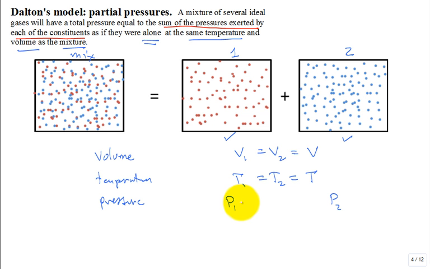So what is the equation for P1? It's always an ideal gas, so I can use the ideal gas equation. Would it be equal to the number of moles of component 1, R bar T divided by V? Likewise, I could go back to this original gas mixture and say, isn't P equal to the total number of moles, R bar T divided by V?